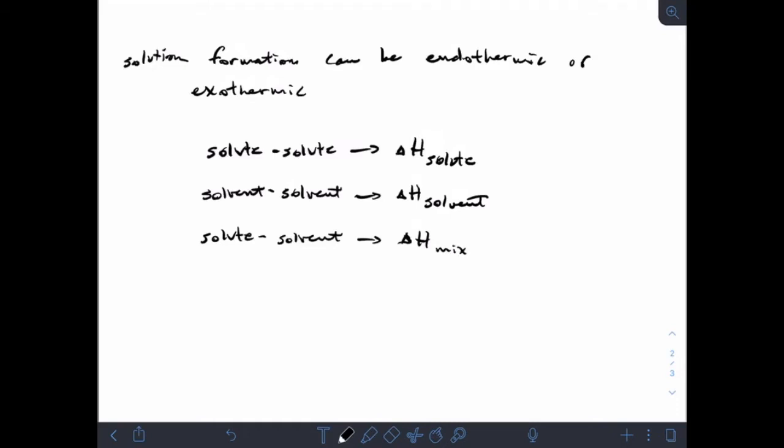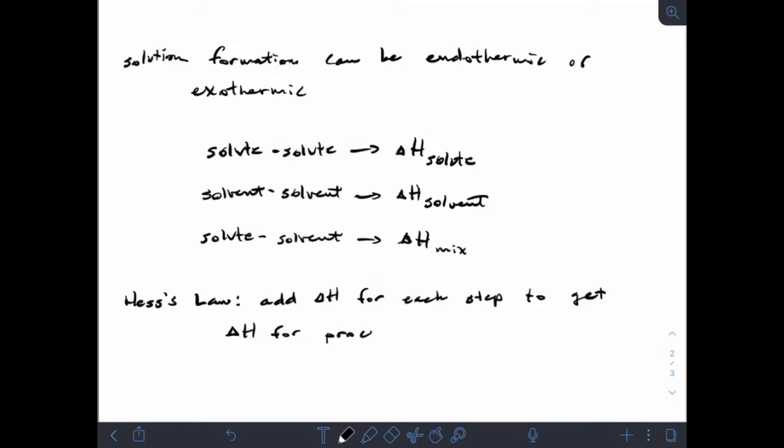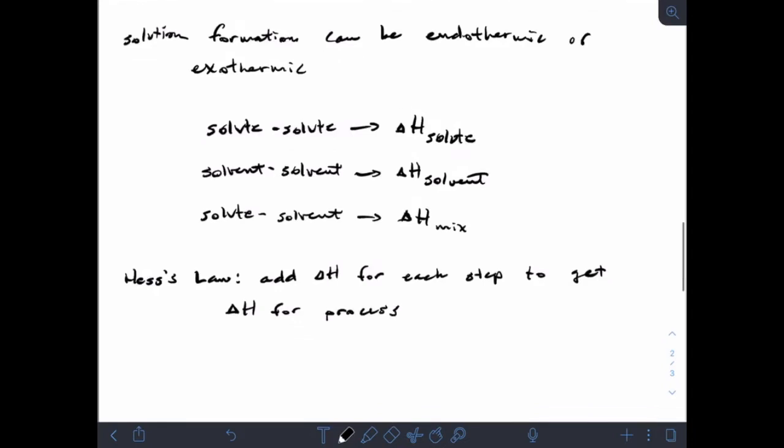Okay. So remembering Hess's law, we can add the delta H's to get the delta H for the process. Add the delta H for each step. Get the delta H for the process. Okay.